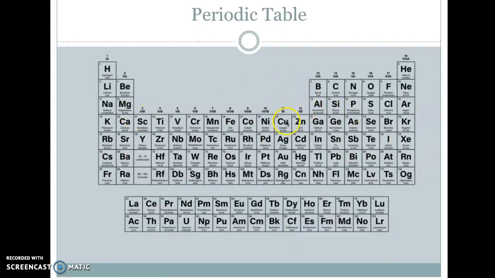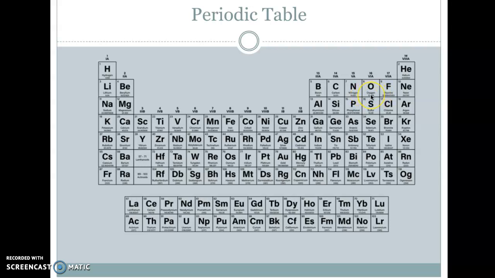Here's a copy of what the periodic table looks like. The numbers that we're looking for are the atomic masses, which on your periodic table is the bottom number right below the symbol. For the molar masses, we're going to take those numbers and round them off to a tenth.